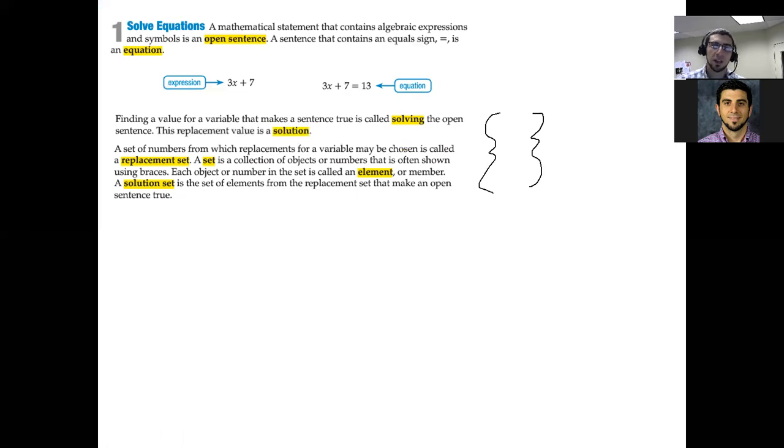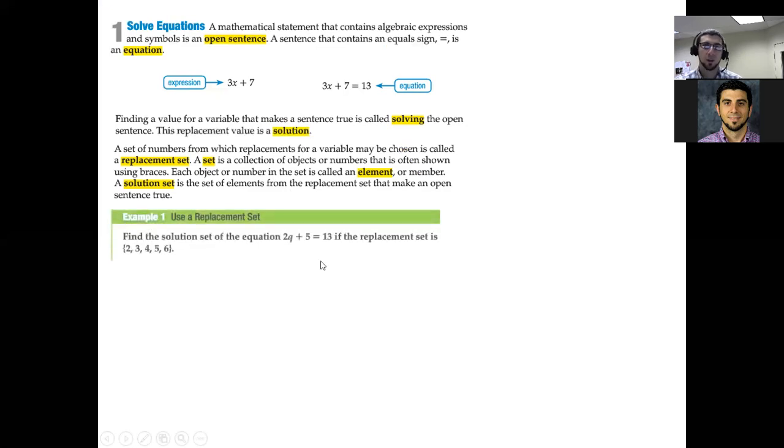A solution set is the set of elements from the replacement set that makes an open sentence true. So you have a set, which could be a bunch of numbers. A replacement set would be the numbers that you need to check to see if they would work in the equation. The solution set is the number or numbers that make the equation true. I'm just throwing some vocabulary at you there.